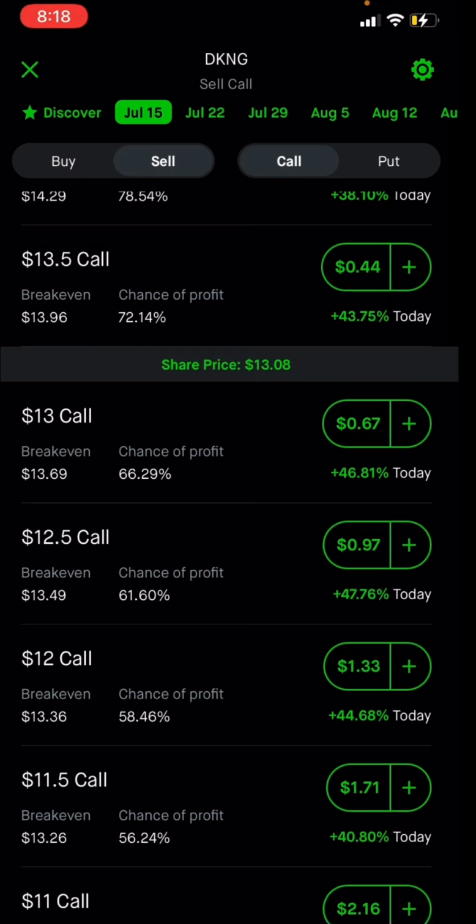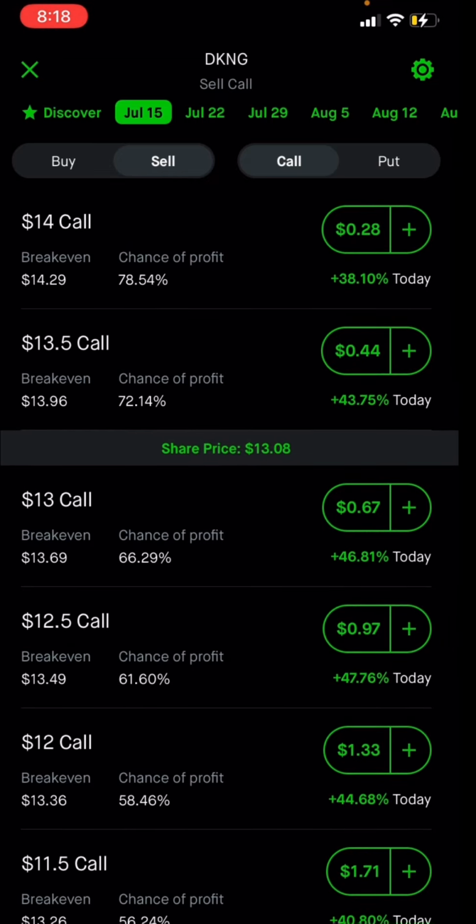But all in all, everything at the bottom below this share price line is considered in the money because $13.08 already passed $13, already passed $12.50, already passed $12, right? So these are considered to be more expensive due to that reason. Just because you're buying while your contract is already in an advantage.